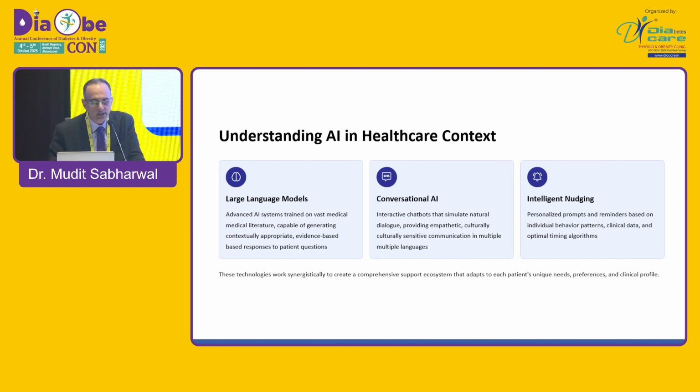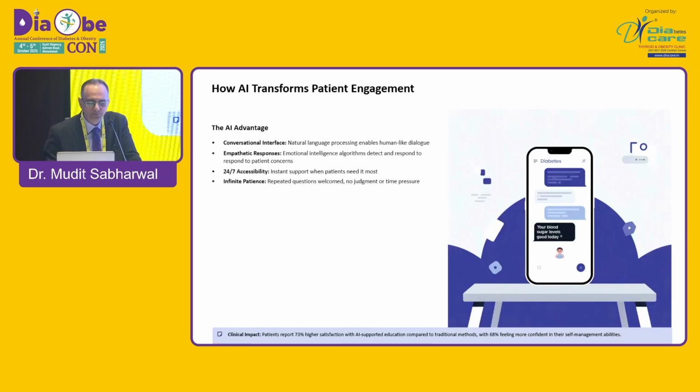And then there is intelligent nudging, which is majorly for critical nudging based on events like hypoglycemias, hypotension, etc., based on the patient's patterns, clinical data, and optimized as per the algorithm you want your AI to respond to.